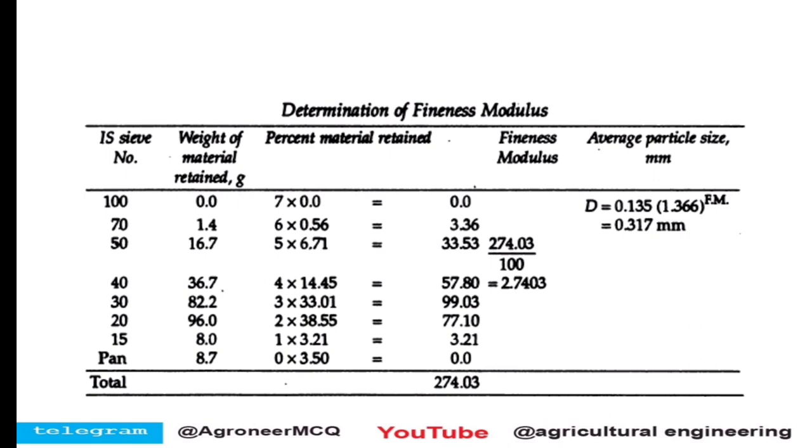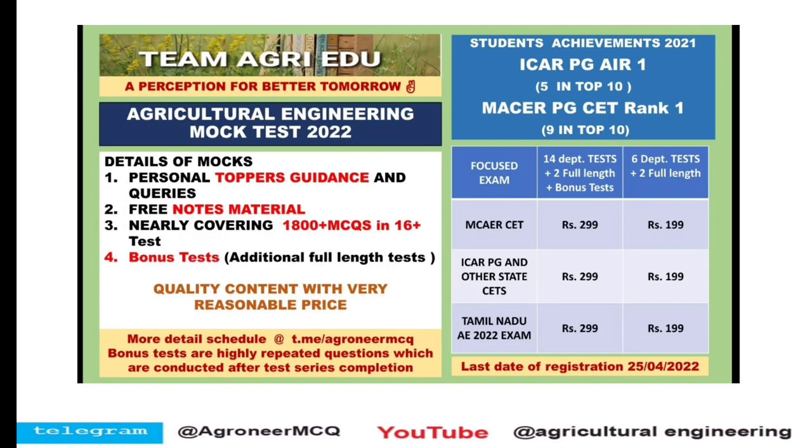For the pan that factor is 0, and we increase it in order from bottom to top. So don't forget this formula, D is equal to 0.135 in bracket 1.366 raised to Fm. For confusion they can change the decimal values and ask you questions. So please remember this formula as it is.